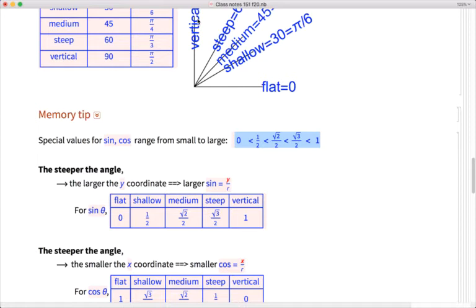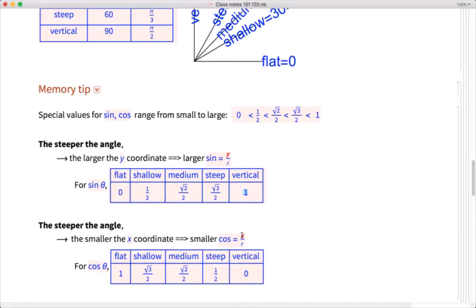The idea is that as the angle gets steeper, we see that the y-coordinates are getting bigger. So if the y-coordinates are getting bigger, that means that the sine of the angle is getting bigger, because sine depends on y. So for sine, as the angle gets steeper, the sine should get bigger. And that's why it starts out at the smallest value when the angle is flat and works its way up to the largest value when the angle is vertical.